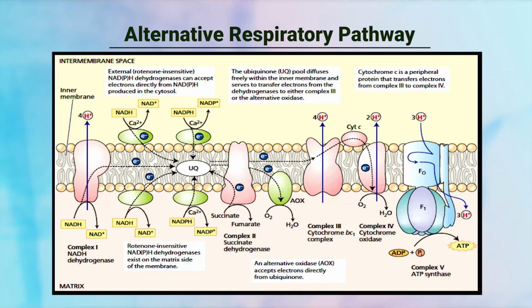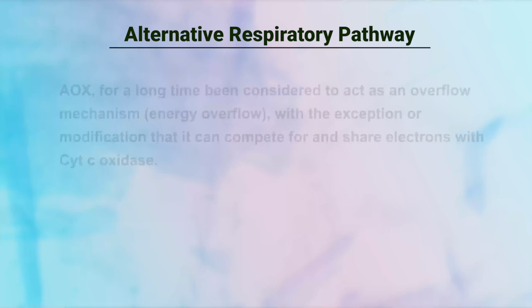Two other components of the alternative pathway are external rotenone insensitive NADH or NADPH dehydrogenases, in short NDEX, that can accept electrons directly from NADH or NADPH produced in the cytosol. And the other one is the internal rotenone insensitive NADH or NADPH dehydrogenases or NDIN that exist on the matrix side of the membrane.